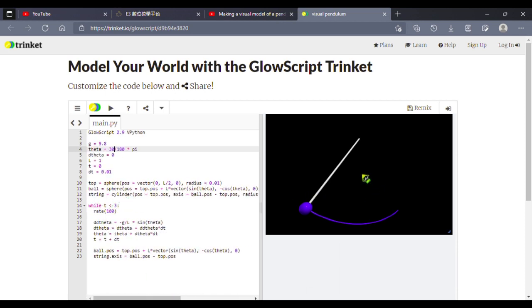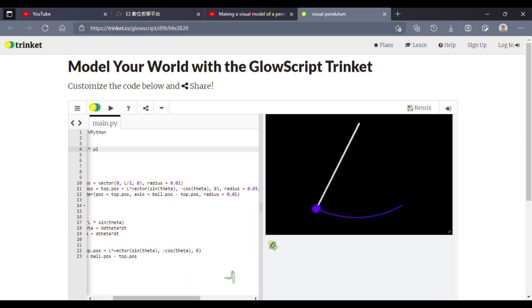And the string, we use a cylinder to display it. The position means that it will swing around the position of the top, and the axis means in what direction it will extend.